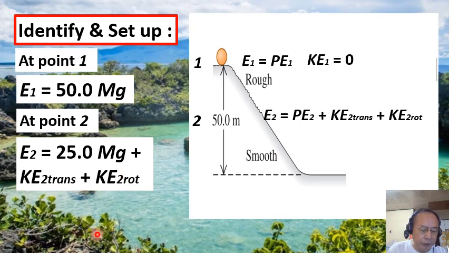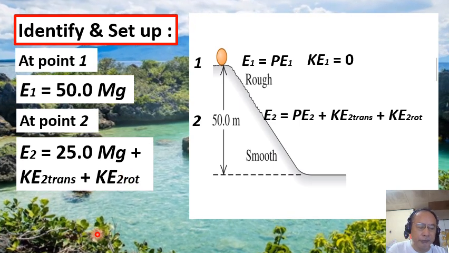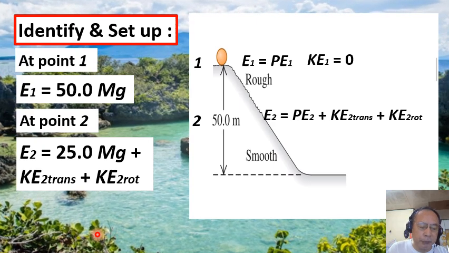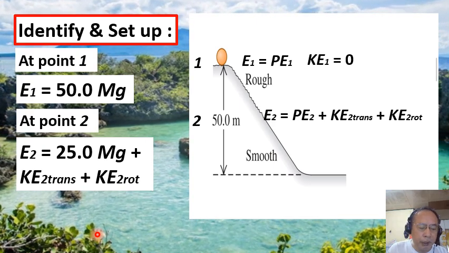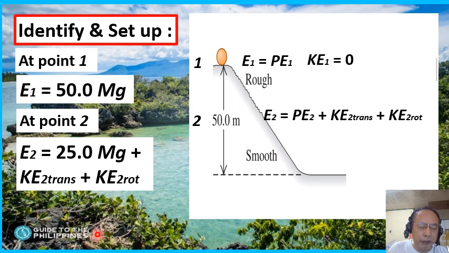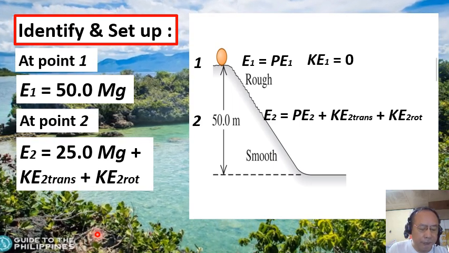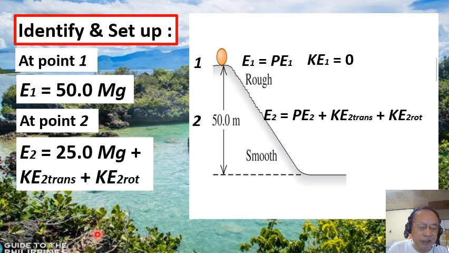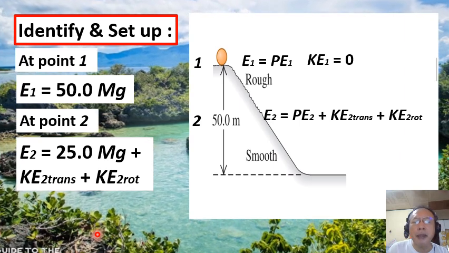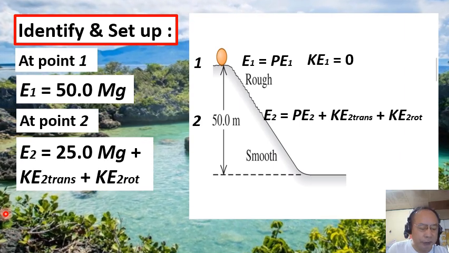So, in other words, while rolling without slipping from point 1 to point 2, the boulder is losing potential energy, but at the same time, it is gaining an equal amount of kinetic energy.